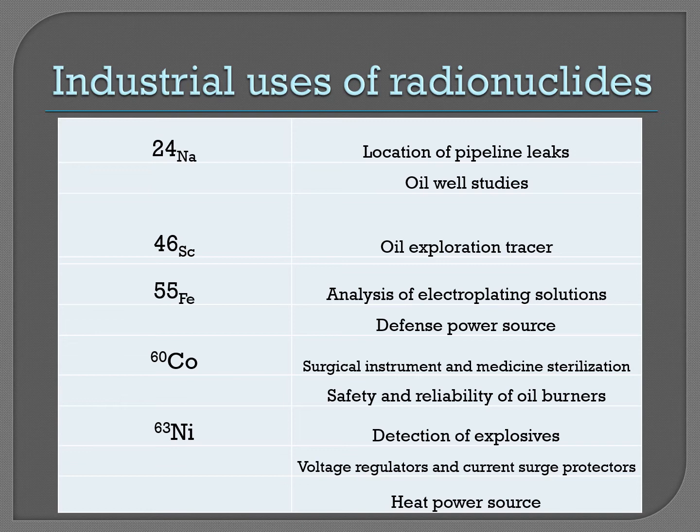As we have studied earlier, different nickel alloys are used to make different wires, and so it has heat power durability, so it can be used in heat power sources.